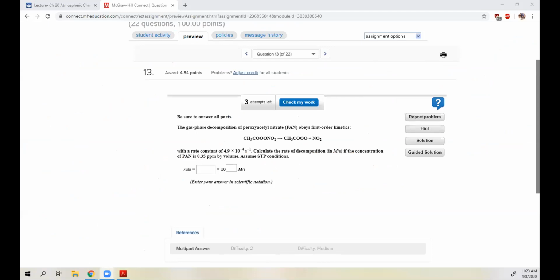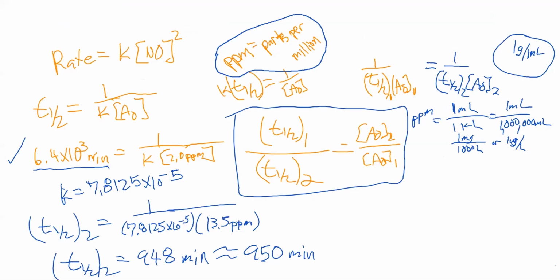So it gives us a rate constant, and it wants us to calculate the rate of decomposition in molarity per second if the concentration is 0.35 ppm by volume. So there's that ppm again, but this time we're talking about volume. So it's probably going to be milliliters and 1,000 liters, something along those lines. And it tells us to assume STP conditions. So that's a lot of information there. Let's go ahead and track it out.